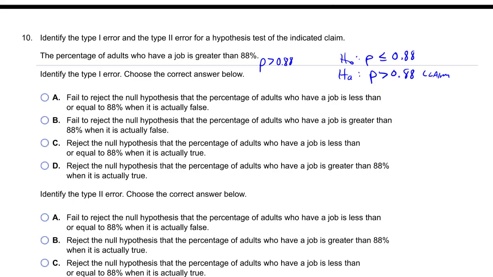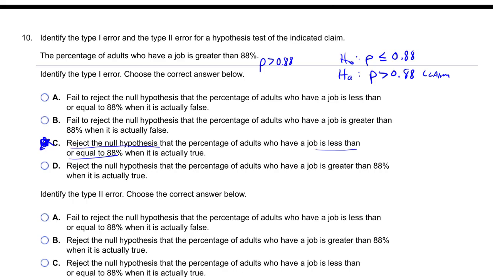For a type 1 error, I would be rejecting the null hypothesis even though it's true. So I rejected the null hypothesis even though the percentage is less than or equal to 88%. In other words, H0 was true.